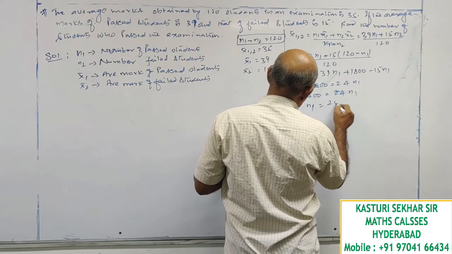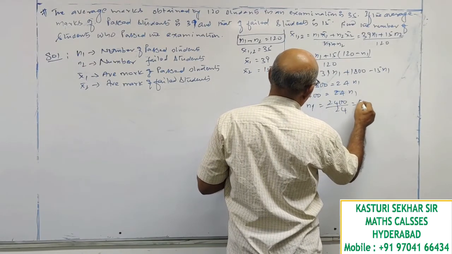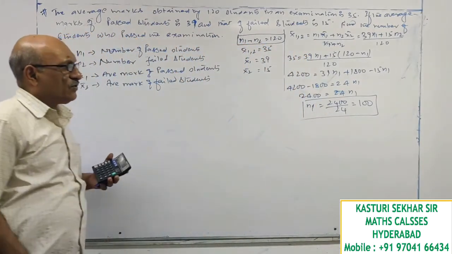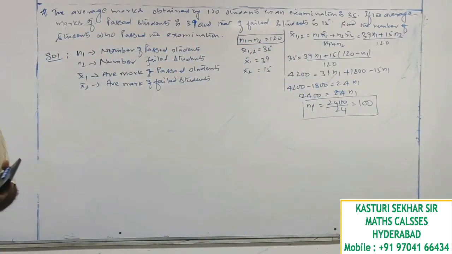N1 is equal to 2400 divided by 24, which is 100. How many students passed? 100 students passed the exam.